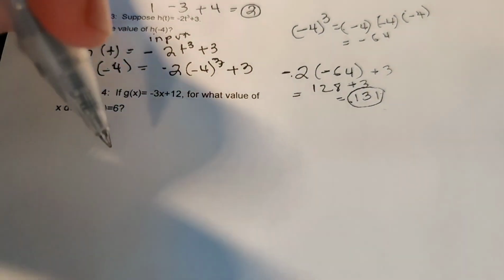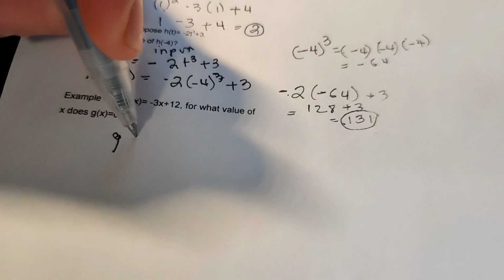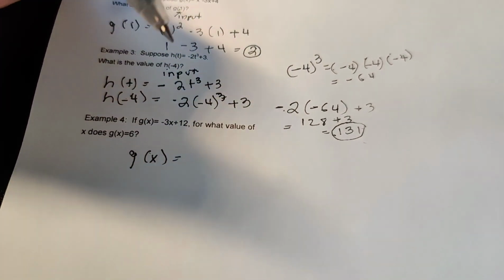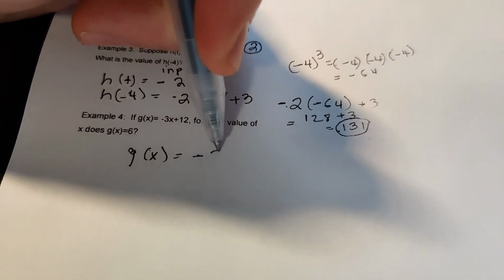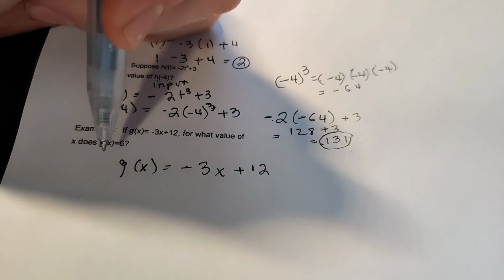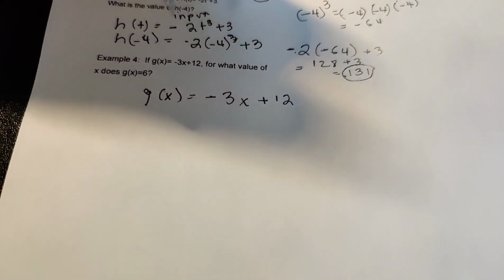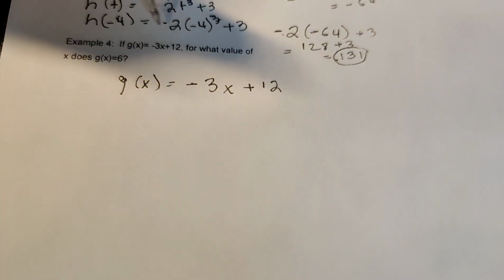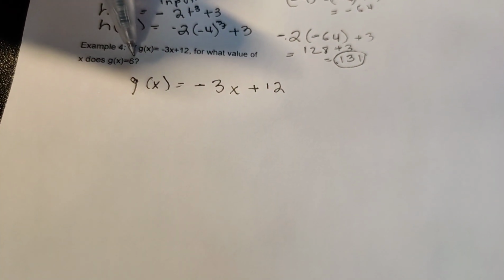If g of x equals, I'm just going to copy that down, sorry, negative 3x plus 12. For what value of x does g of x equal 6? Okay. What you want to think about here is, is this 6 an input or is it an output?